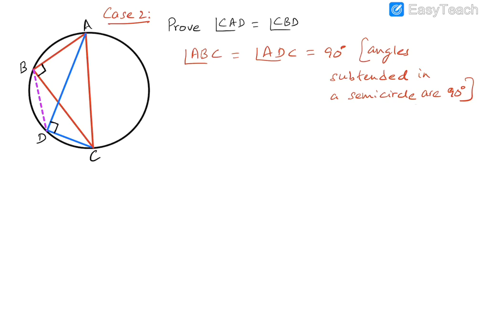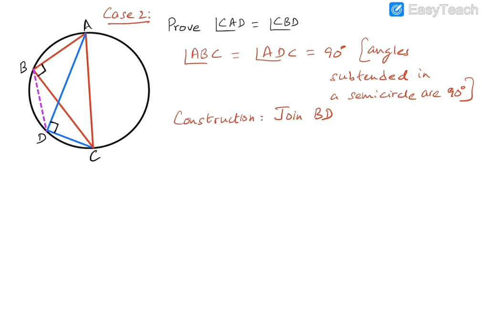Okay, so we have this information with us, and to prove that angle CAD and angle CBD are equal, we will make a construction by joining the points B and D. So the construction that we will make is to join BD. So we have now joined the points BD, which is shown by this dotted pink line over here.